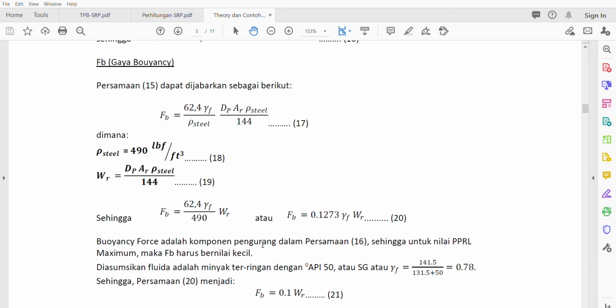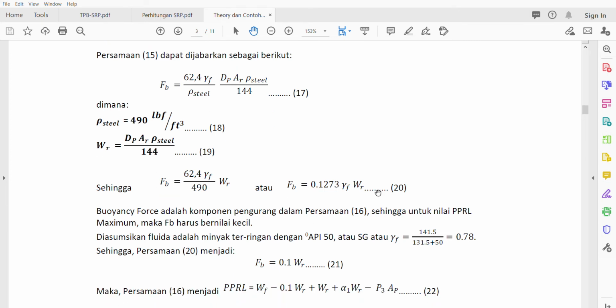So from the buoyant effect, we use the lightest one, because it's forced to the upward. So we want to see the maximum of the weight. So we use the lightest oil. The lightest oil is 50 degree API.